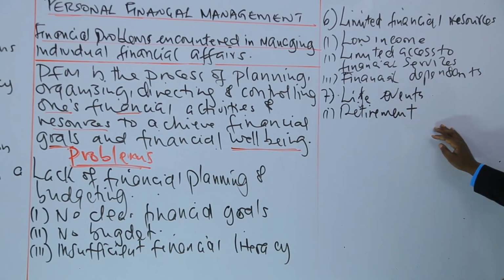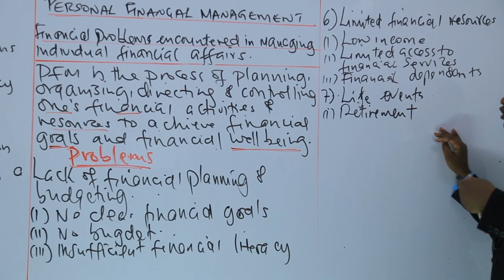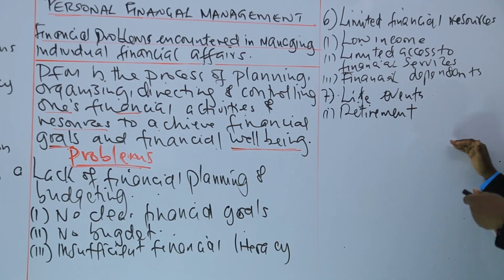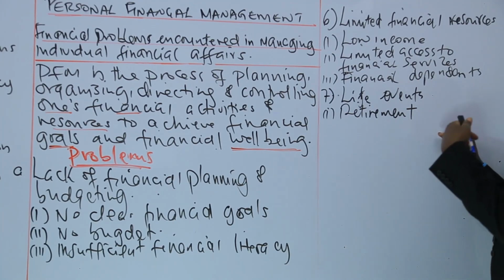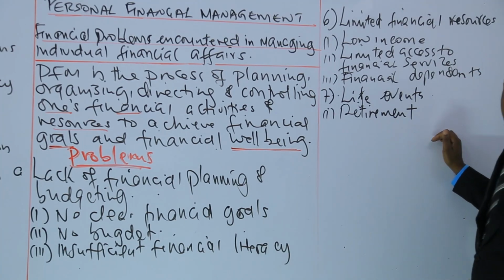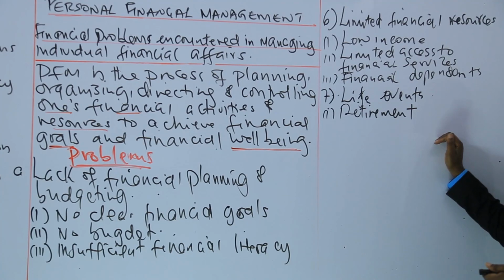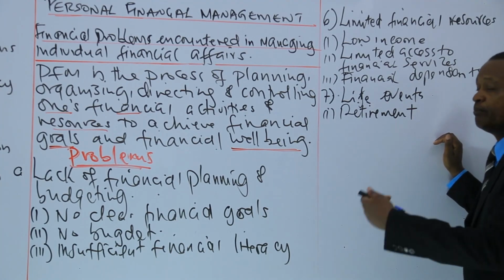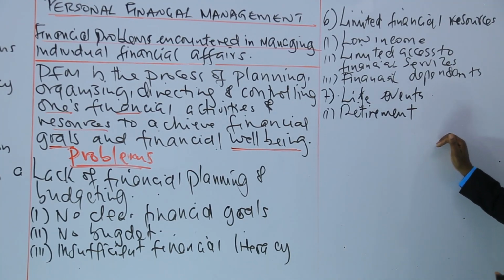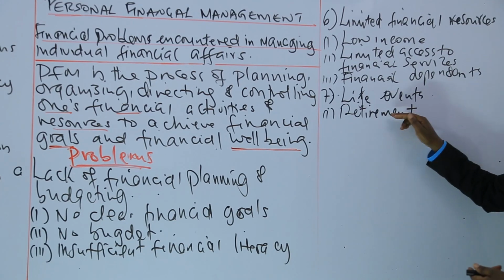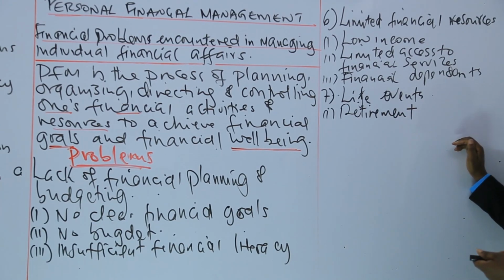Ultimately, individuals who don't die early will inevitably have to retire from active employment, and that's something individuals ought to plan for. This life event can be a financial problem in managing individuals' financial affairs.